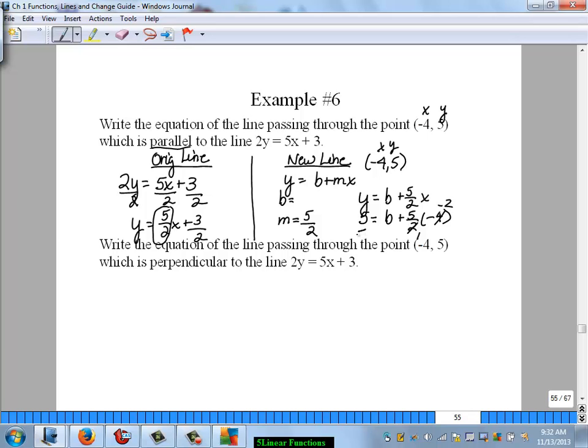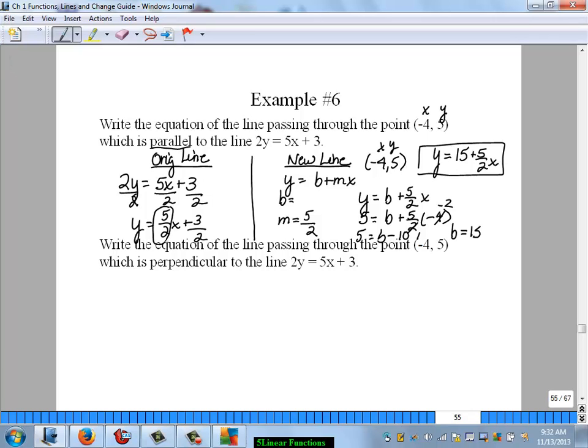I have 5 equals b minus 10. Now I add 10 on both sides, so b is going to be 15. So my new line is y equals 15 plus 5 halves x. And they're parallel because their slopes are the same. This one just crosses at 15.